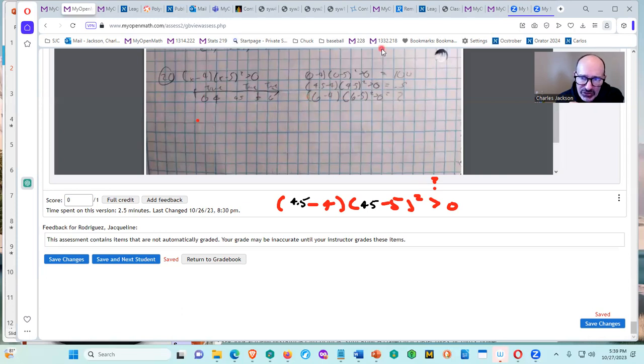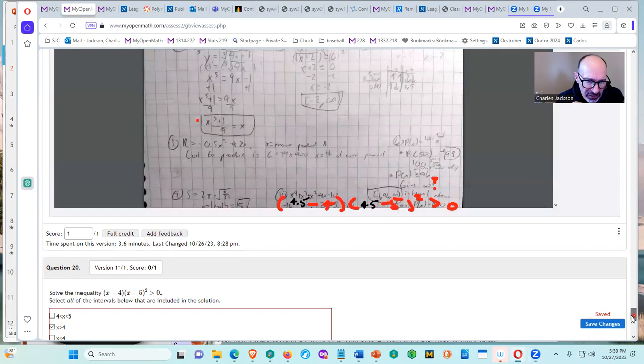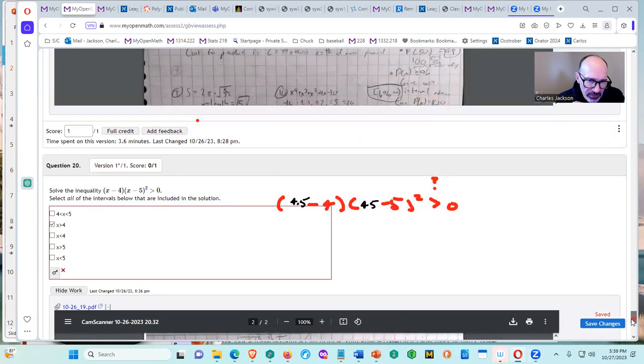And that's how you have to, x can't be less than 4, he says. But that's how you have to determine which are the winning intervals. Yeah, x can be less than 4. That's how you determine which are the winning intervals that are part of the solution set by picking other numbers, not the critical numbers like 4 and 5, but other numbers like 0 and 4.5 and 6.